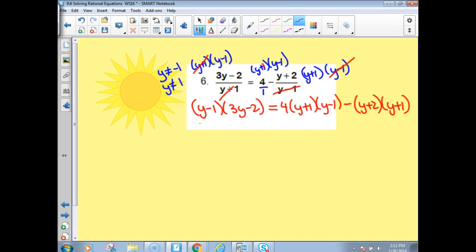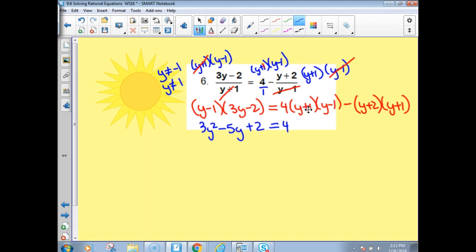y times 3y, 3y squared, y times minus 2, and -1 times 3y. So we have -2y minus 3y, so I got minus 5y. -1 times -2 would be plus 2. Now I'm skipping a step here. On this one, though, I'm going to write the 4 down.